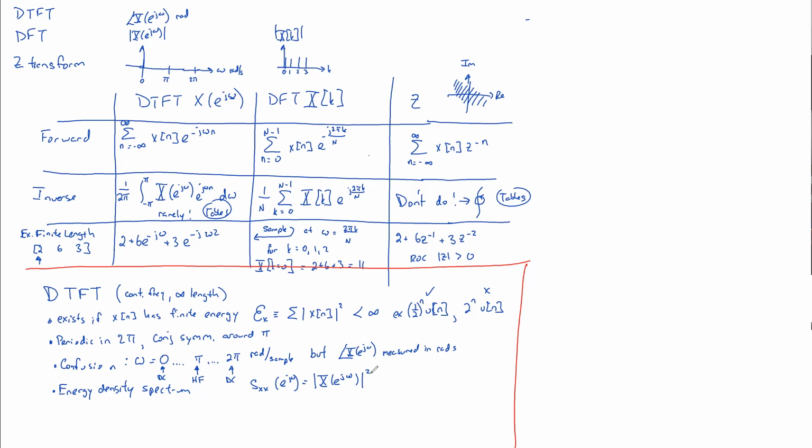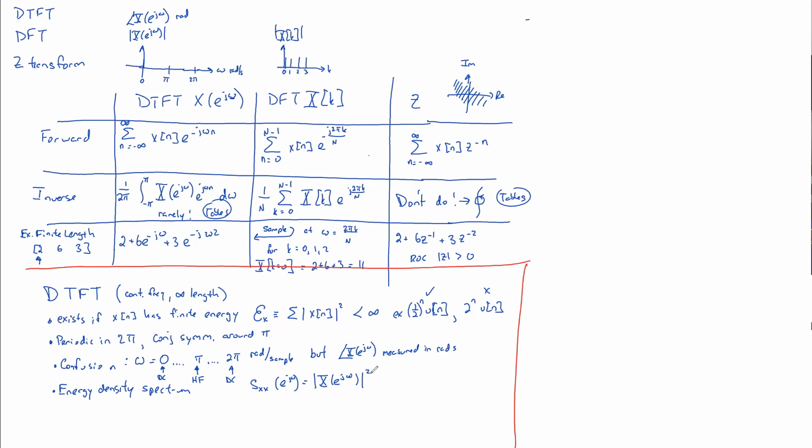And what it's saying is that if x of n is a voltage across a 1 ohm resistor, then the units of the energy density spectrum are watts per radians per sample.